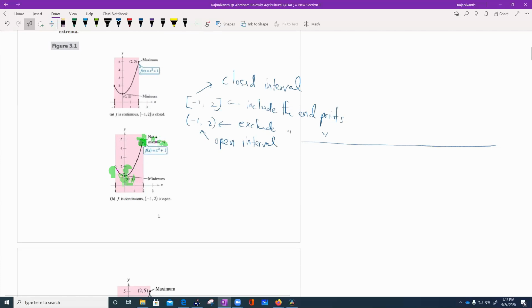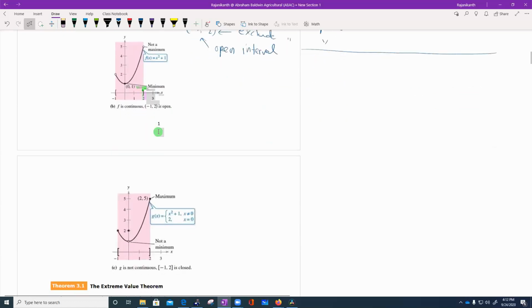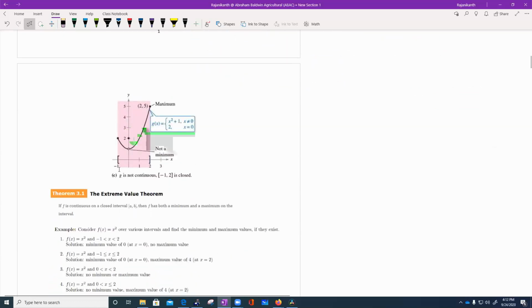So maximum and minimum, all extrema values, depend on your interval, right? If it is closed, take the endpoints. If it is open, exclude the endpoints. Okay, so now you should be able to understand everything. You see in this curve there's a hole here, right?